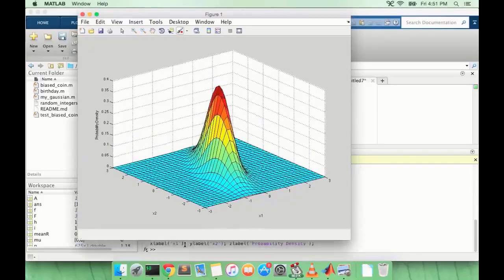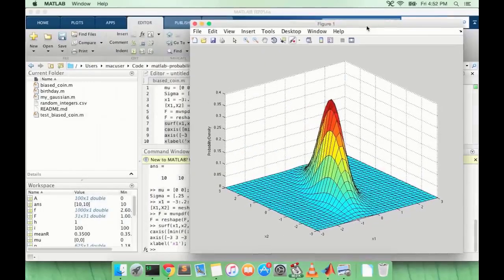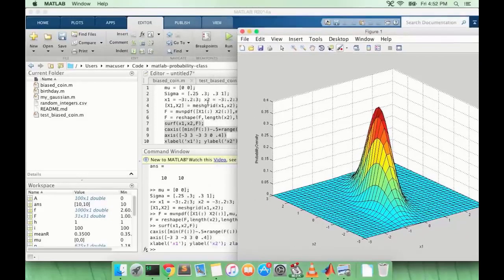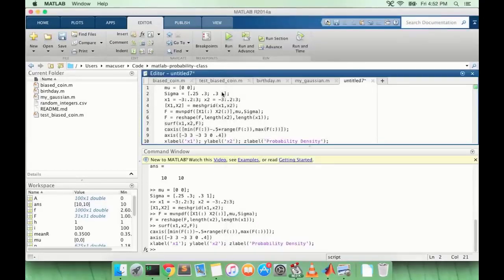So now some points worth talking about is this distribution is more spread out on the x2 axis than the x1 axis. And that's because you see here, this distribution has a variance of 1 on the x2 axis, but a variance of 0.25 on the x1 axis.